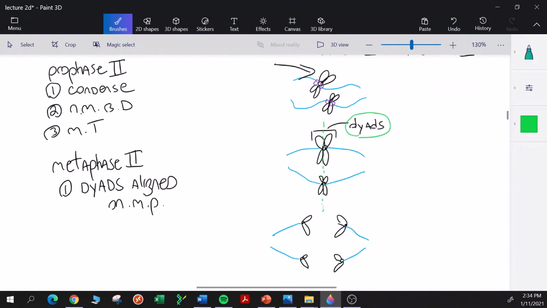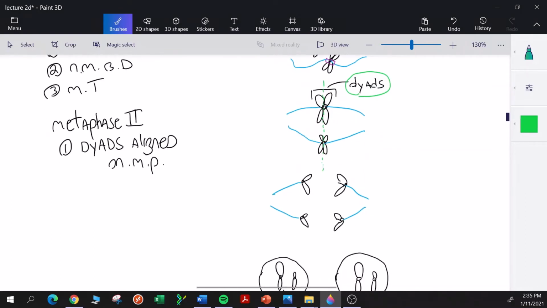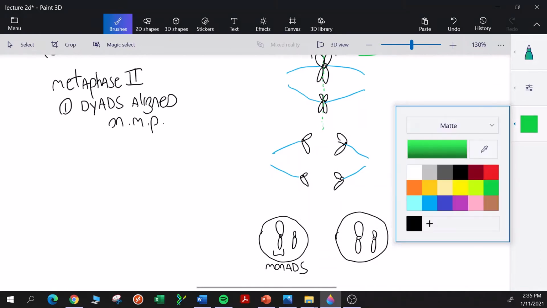I'm specifying dyad here because it helps us contrast the tetrads that are at the metaphase plate in metaphase I. So in meiotic metaphase I, there are tetrads at the metaphase plate. In meiotic metaphase II, there are dyads aligned on the metaphase plate. So that's essentially it for metaphase II.